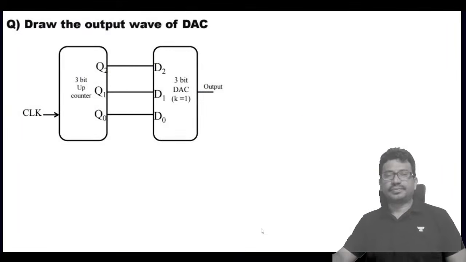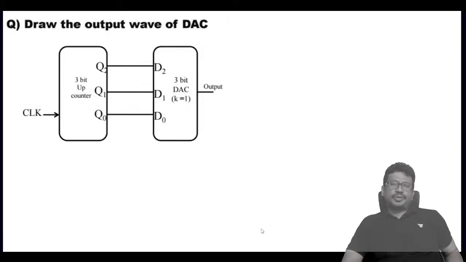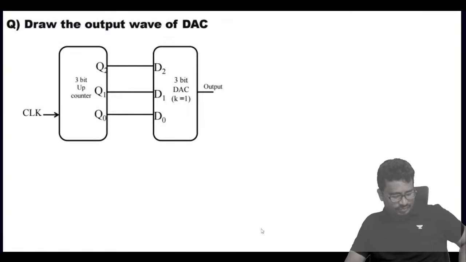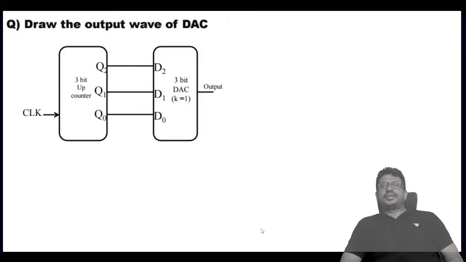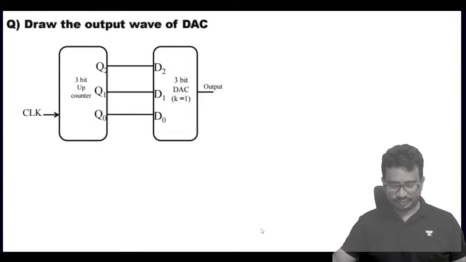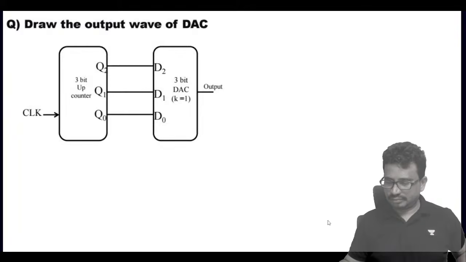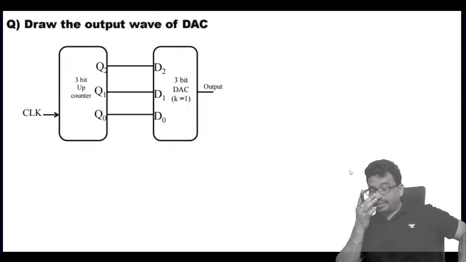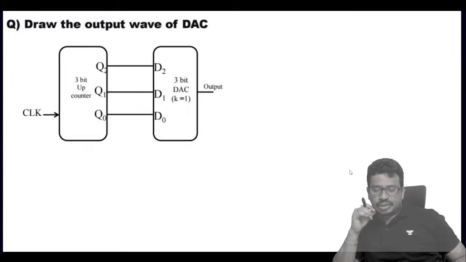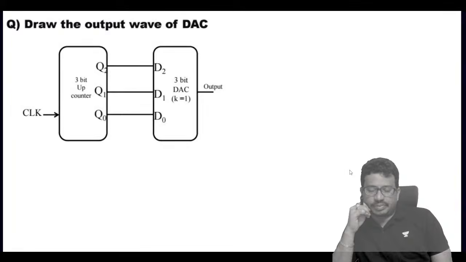Next, draw the output waveform of the DAC. They ask us to draw the output waveforms corresponding to the DAC. Here the output of a 3-bit up counter is given to a 3-bit DAC.